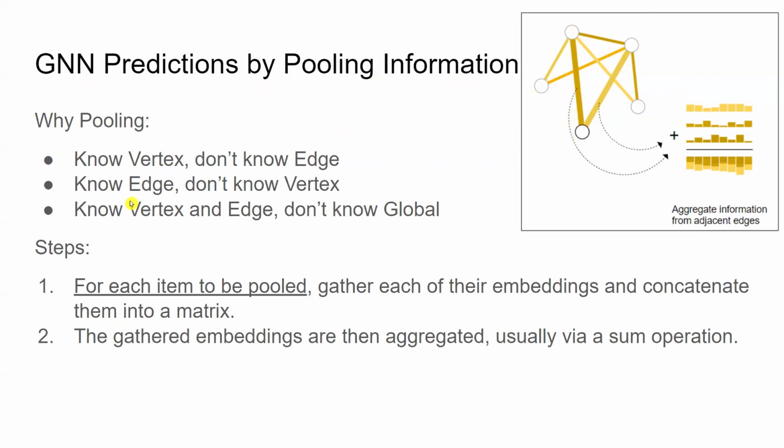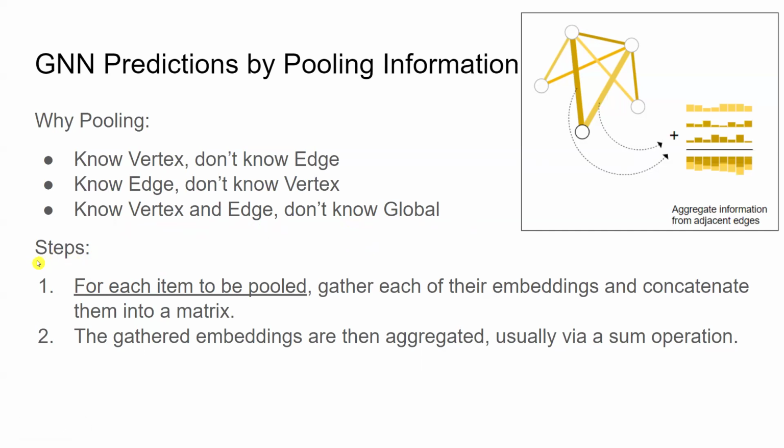Or maybe the other way, you know the edges, the connections between them, but you don't know what's in the nodes. Or maybe another case is you know all the vertices and the edges, but you don't know the global. This is kind of odd. I don't exactly know what they mean by that.